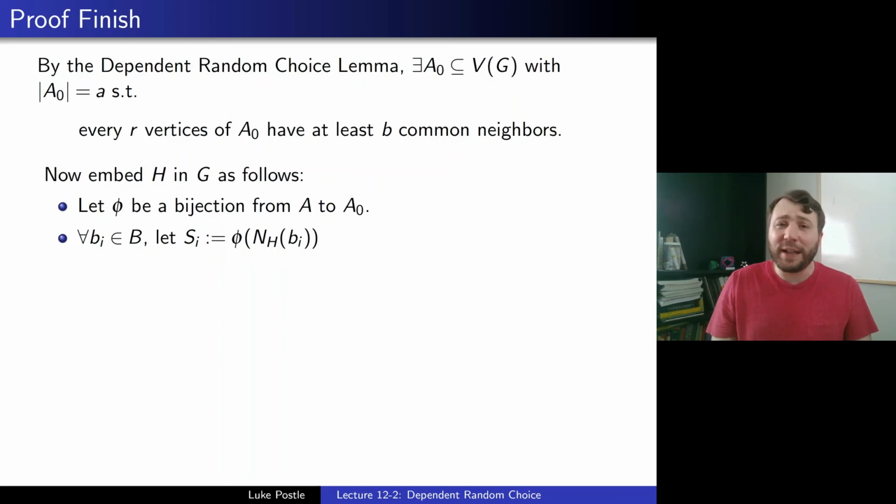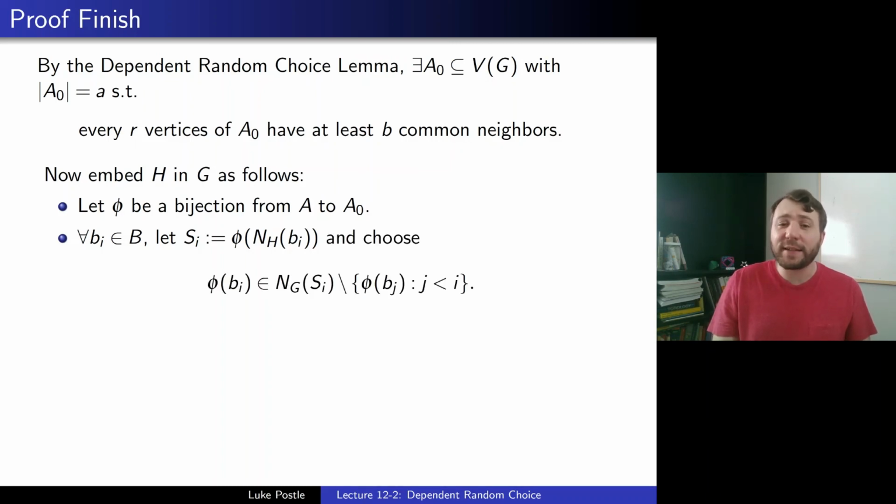Well, for every b_i in B, in our original graph H, we let S_i be the image of N_H(b_i). So what does that mean? We had these neighbors of little b_i on the A side. All of them got embedded, mapped somewhere into A0, and let's consider that set.